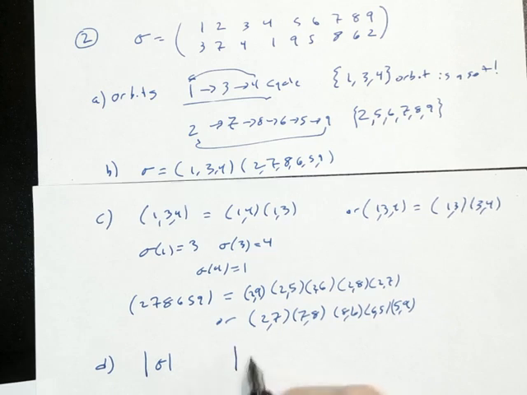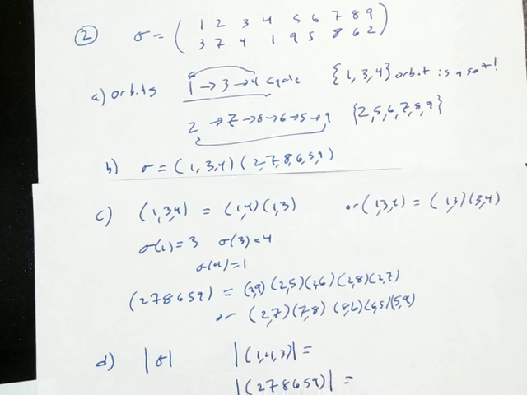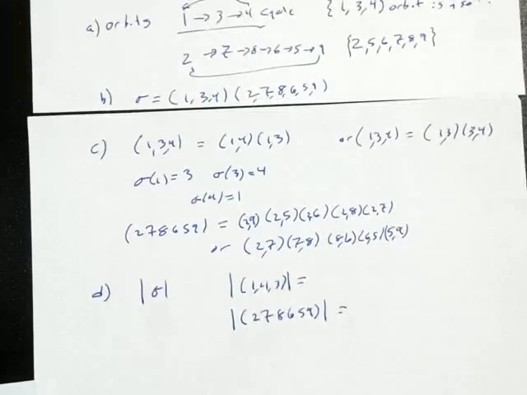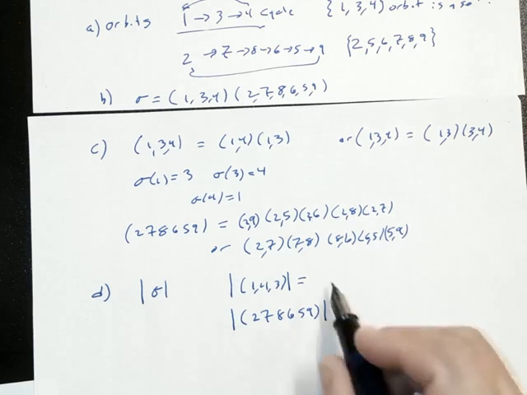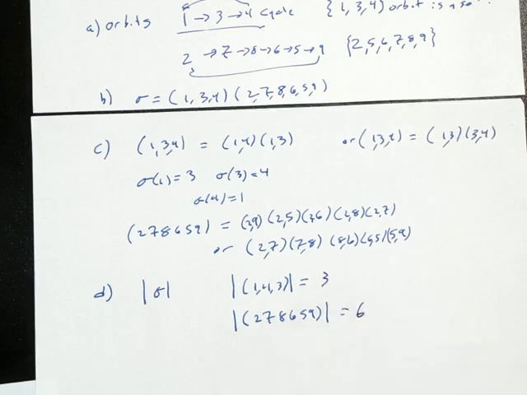And then we need to find the least common multiple, and that would be our order. So I need the order of each cycle. The order of a cycle is the length of the cycle. Least common multiple of 3 and 6. Yay.